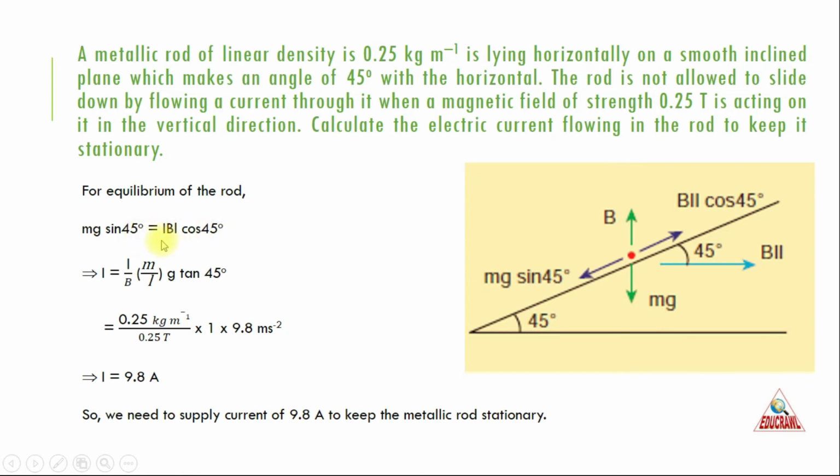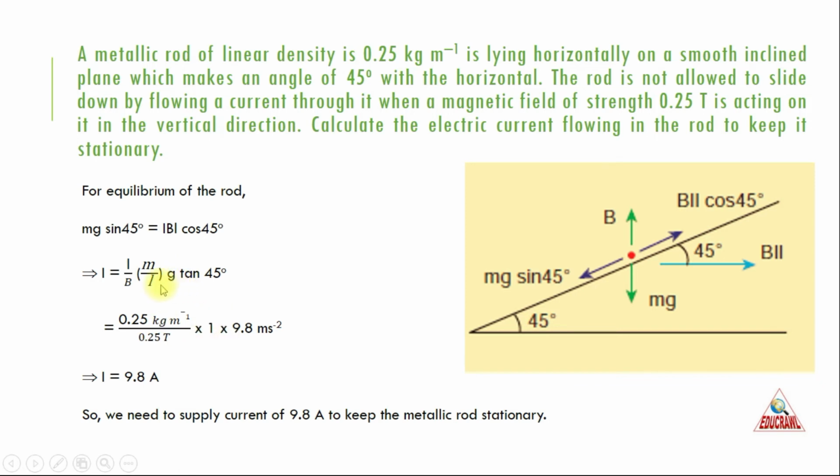Here we need to find the value of I. So I is equal to 1 by B into M by L into g into sin 45 by cos 45. M by L is nothing but the linear mass density, which is given as 0.25 kg per meter, and sin 45 by cos 45 is tan 45, which is 1. So the expression becomes I equal to 1 by B into M by L into g.